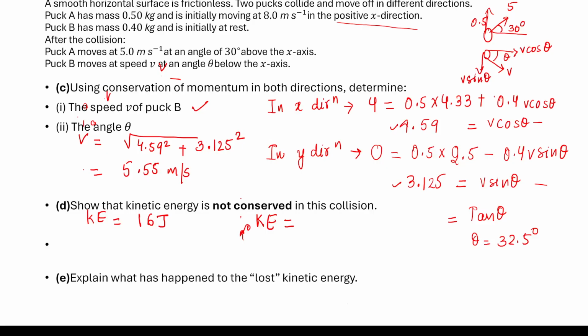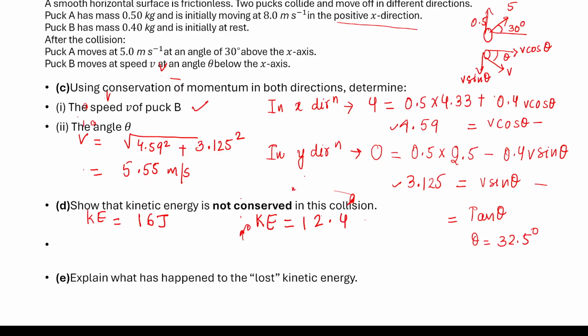So 0.5 times 0.4 times 5.55 squared, plus the first one. Understand the method. These numbers are of no importance here. So I'm getting 12.415, and because the kinetic energy is not coming the same, that means the kinetic energy is not conserved.